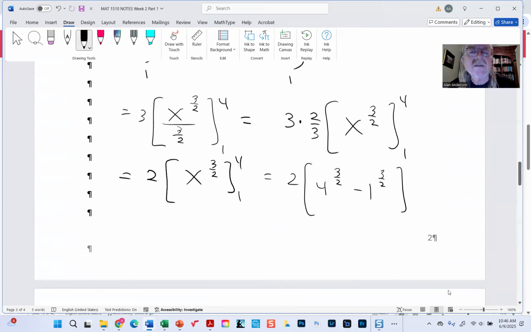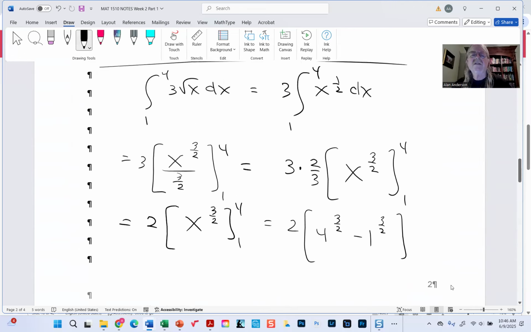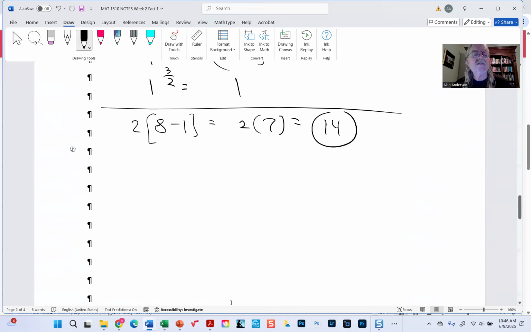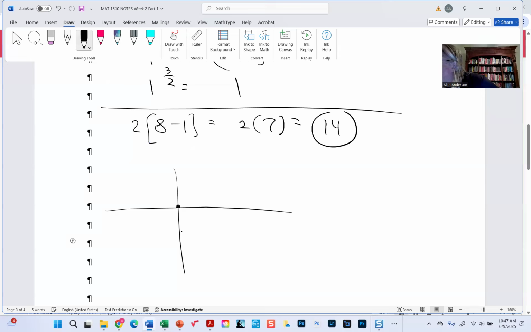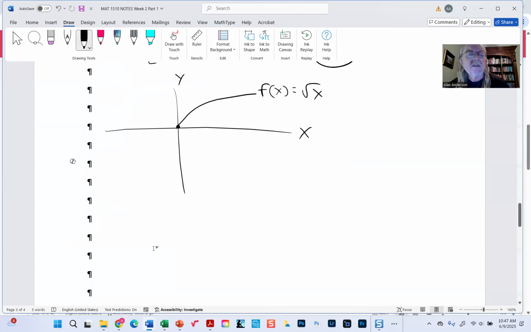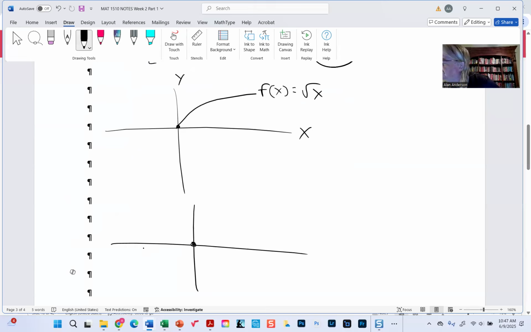Okay. So whatever this function is, 3 radical x. Actually, the function radical x looks like this. It starts at the origin and it increases at a decreasing rate. So you multiply that by 3, you're just making it steeper. So it's going to look something like this. Well, it's supposed to be curved.